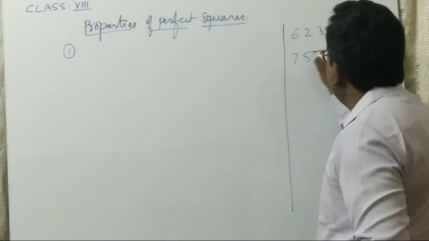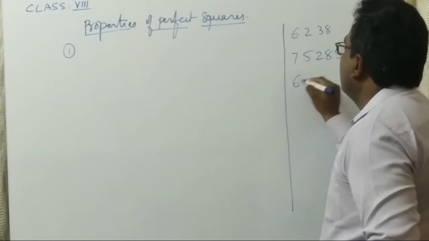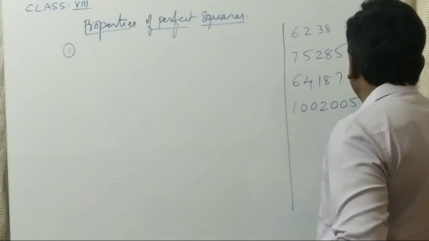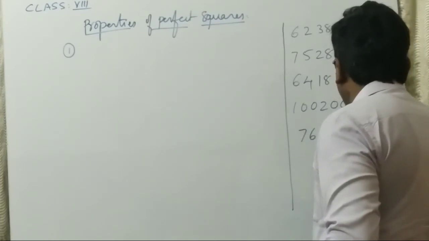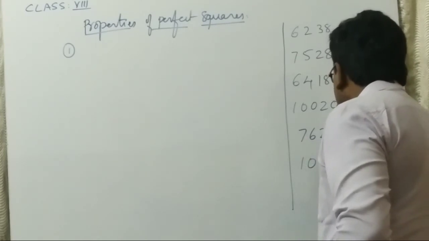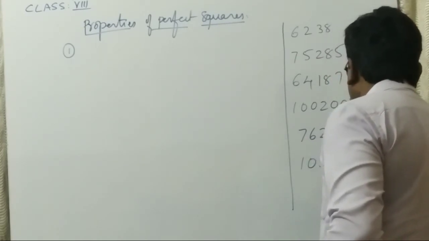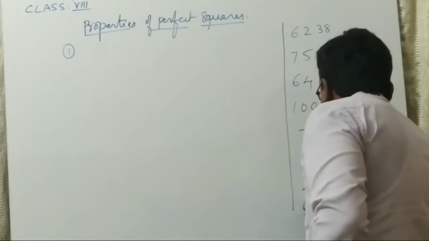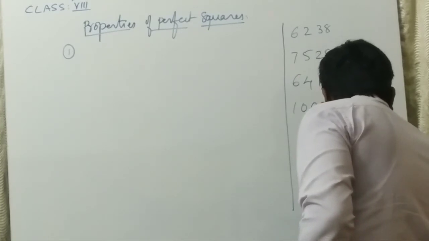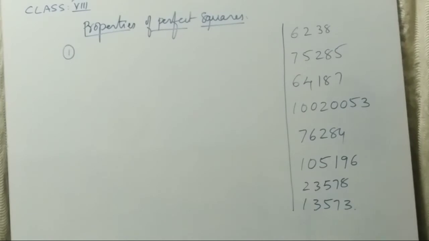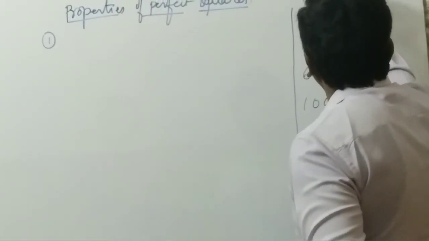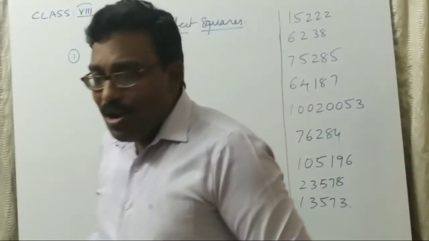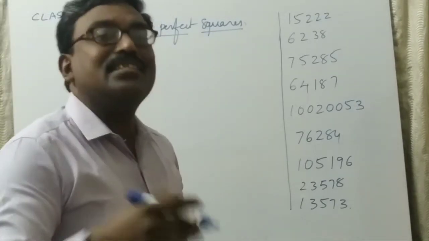Or else 75285, 64187, 1002053, 76284, 10596, or else 23578, 13573, or else 15222. Among these numbers, which is a perfect square and which is not a perfect square?